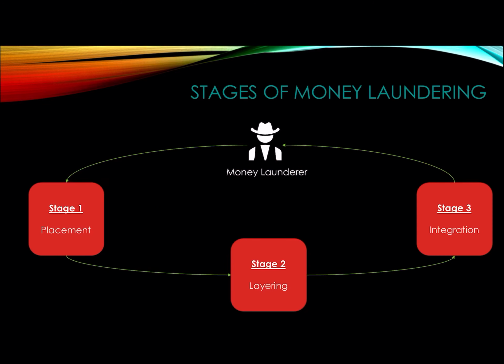So now let's understand stages of money laundering. Initially, we said it's a circular flow where the money launderer introduces money into the system through a process called placement, and then a lot of transactions are made just to confuse the whole audit trail.